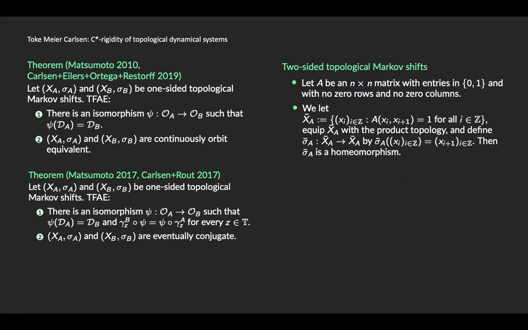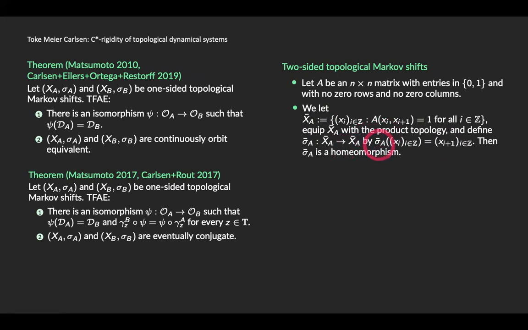The two-sided topological Markov shift is defined in the same way as the one-sided Markov shift, with the exception that now we're looking at bi-infinite sequences, that is, sequences indexed by the set of integers instead of the set of non-negative integers. Otherwise, the condition is the same. We also equip this space with the product topology, and we can also define the shift map here. The space is again a totally disconnected compact Hausdorff space.